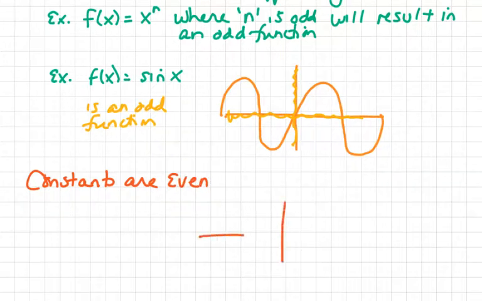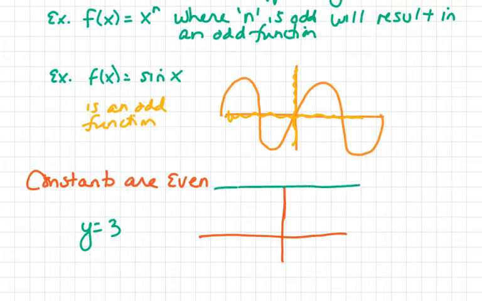If I had the function y is equal to 3, and that would be up here, so let me extend this graph a little bit. And if you had that function y is equal to 3, if you were to fold that along the y-axis, the left-hand side would fall on the right-hand side. So constants are even.